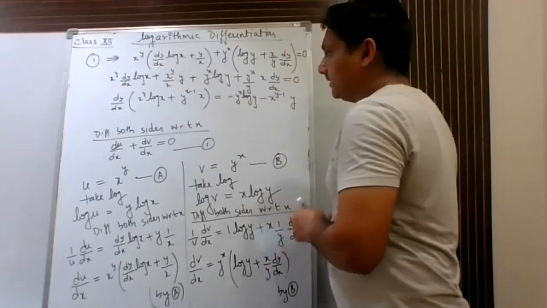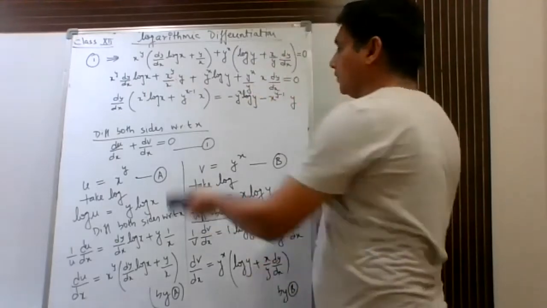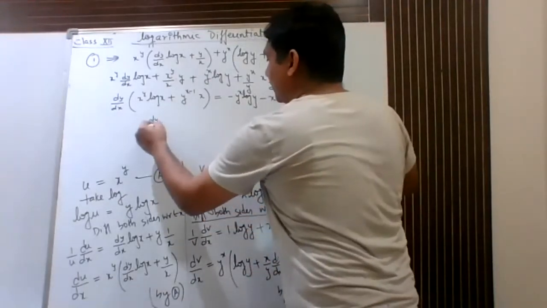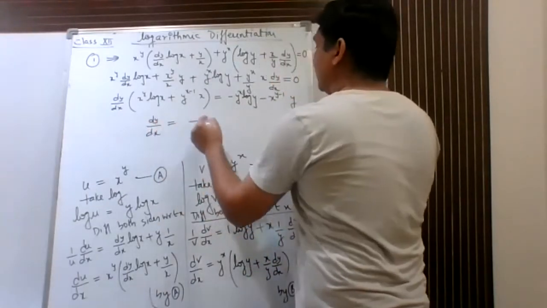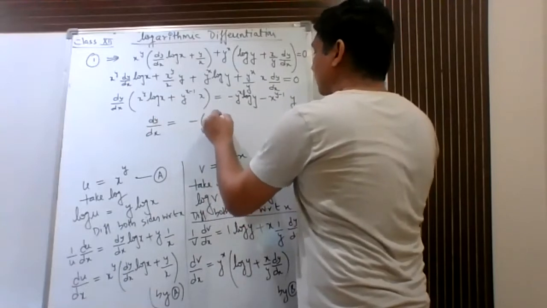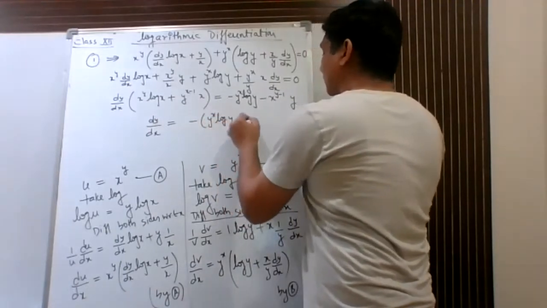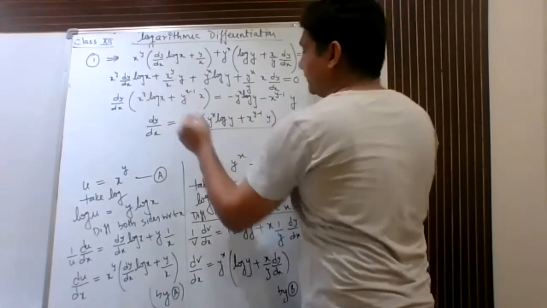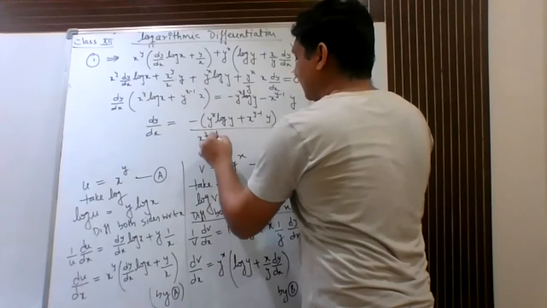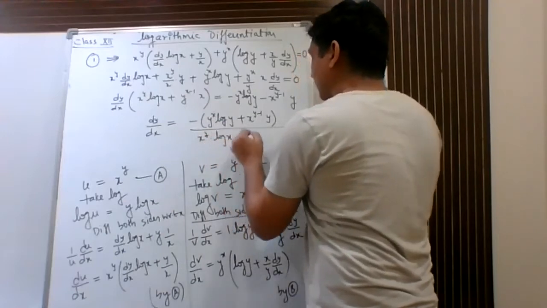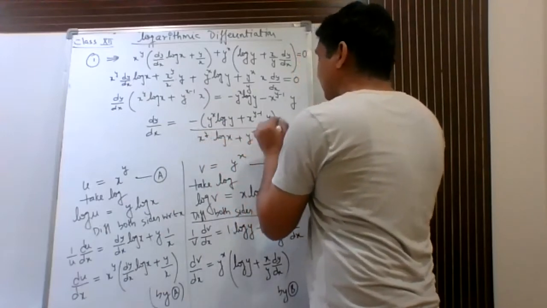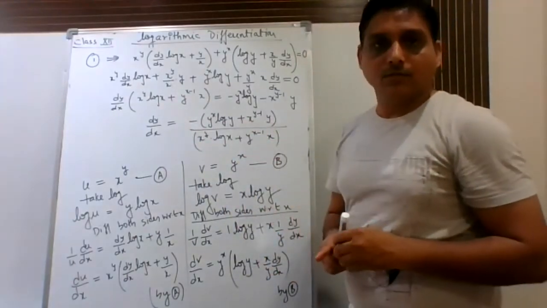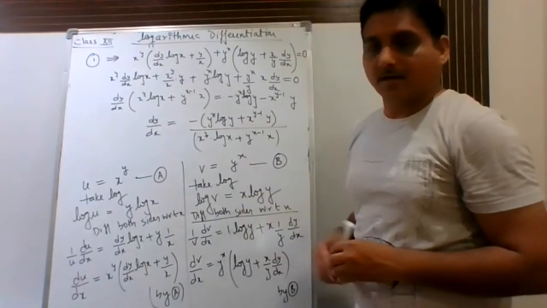Now just simply write down dy upon dx is equal to minus, whole upon this expression. So you can leave your answer in this form only. So this will be our final answer.